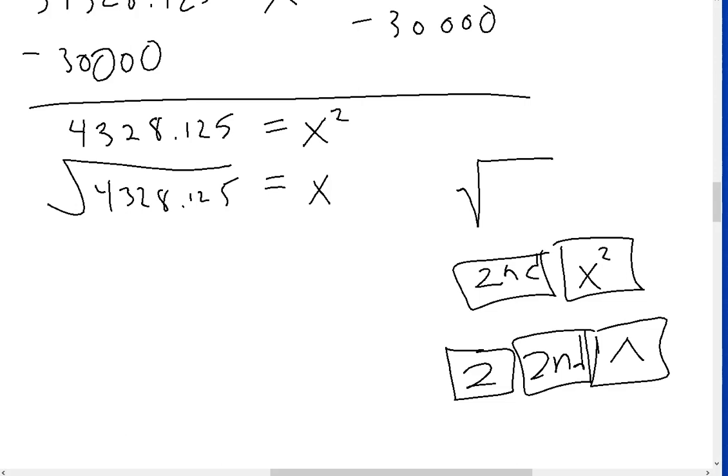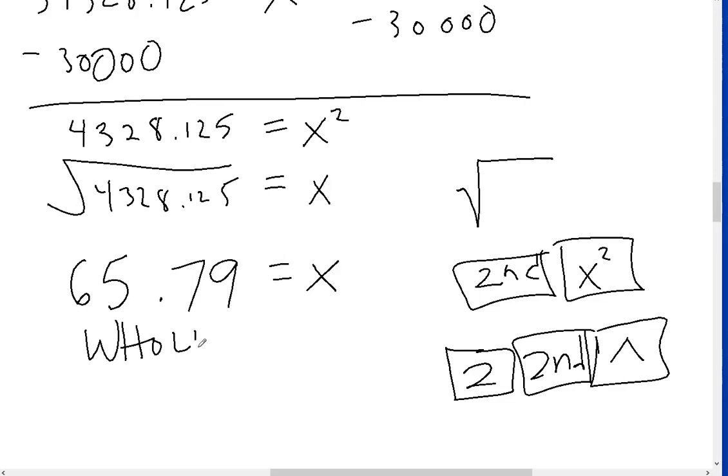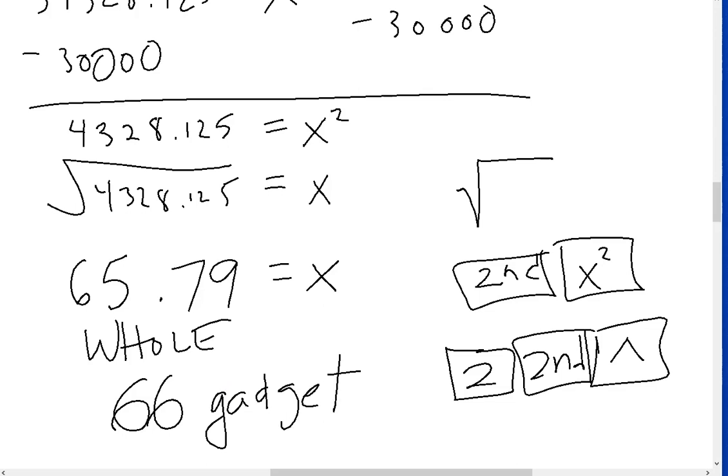If I do second X squared 4328.125, I get 65.79, but they ask for the nearest whole number, so we're just going to round that up to 66, because gadgets, you can't sell a portion of a gadget, so you have to sell at least 66 gadgets.